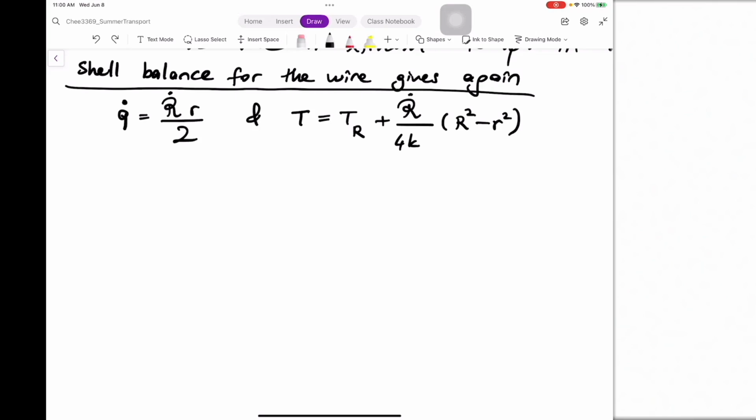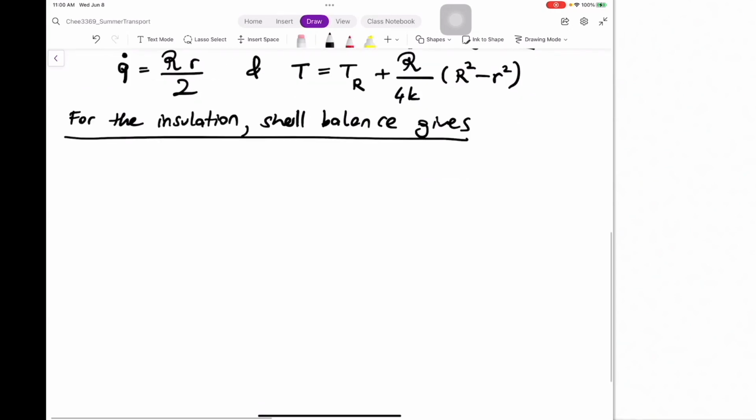But how about for the insulation? For the insulating material, the shell balance gives, let's do it again. Is there any guess about the Q dot?